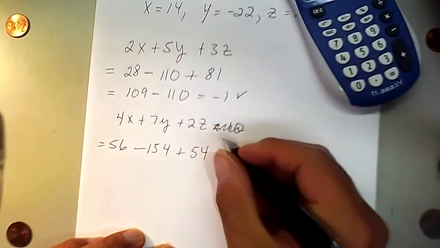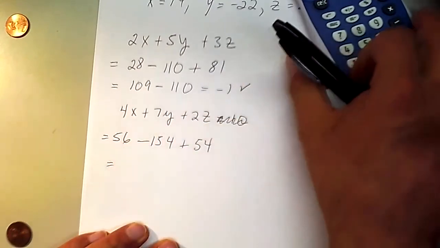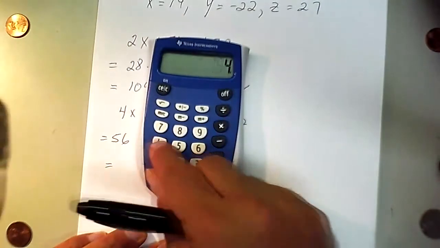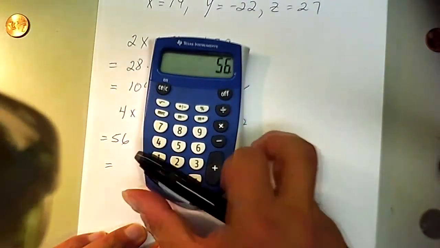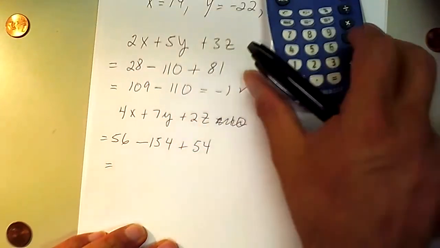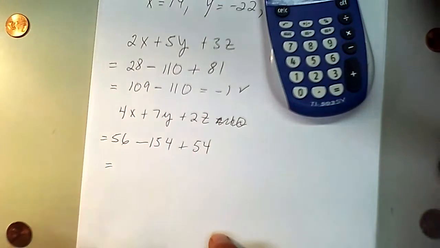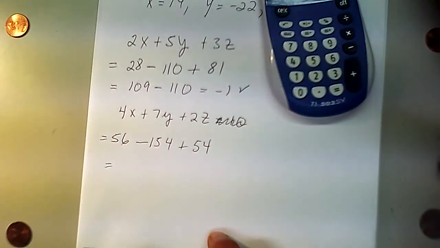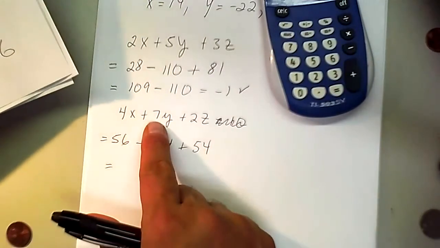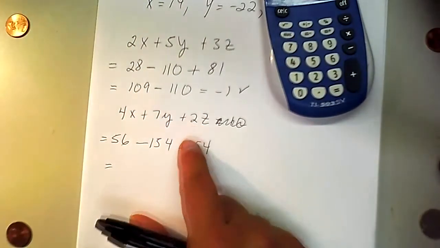Because I think this is not going to work. Those two together, and let me check. 4 times 14, 56, yep. And then 2 times 27, that's 54, I'm pretty sure of that. And let me double check the second equation. The second equation is 4x's, 7y's, and 2z's. Yep.